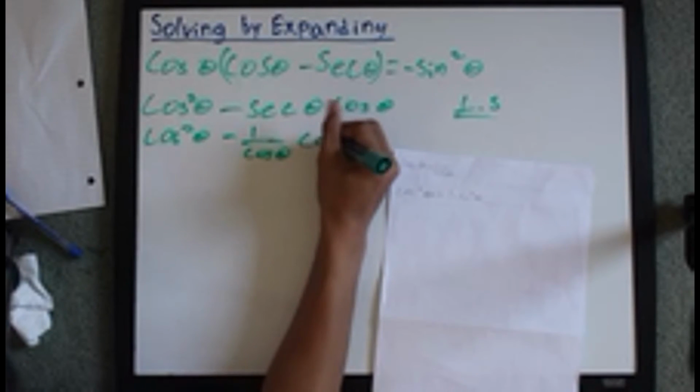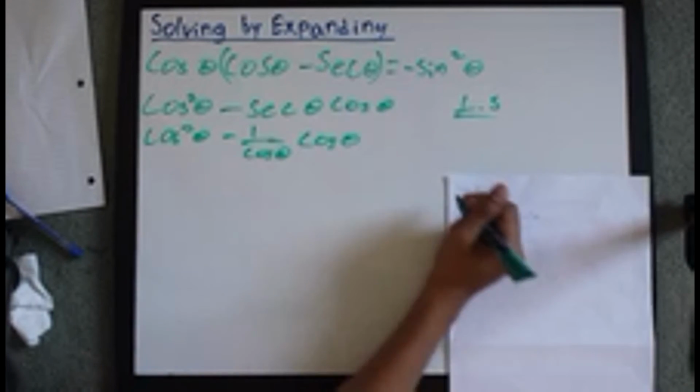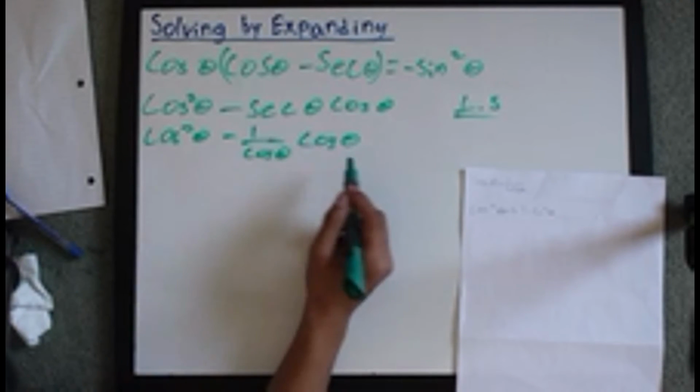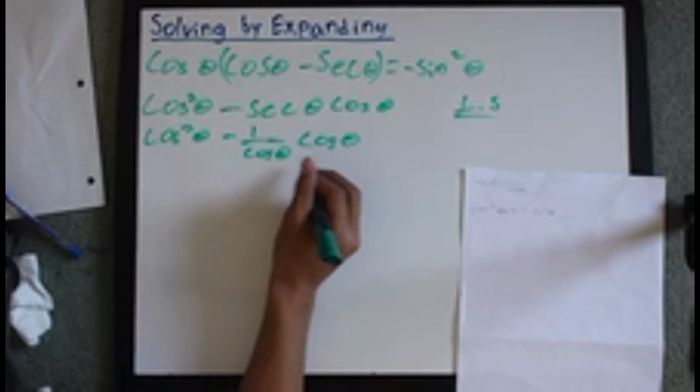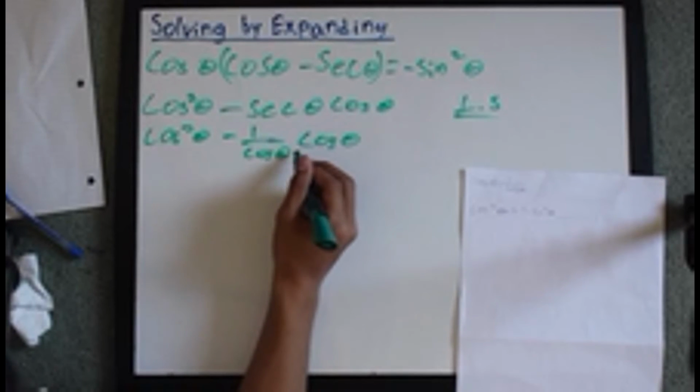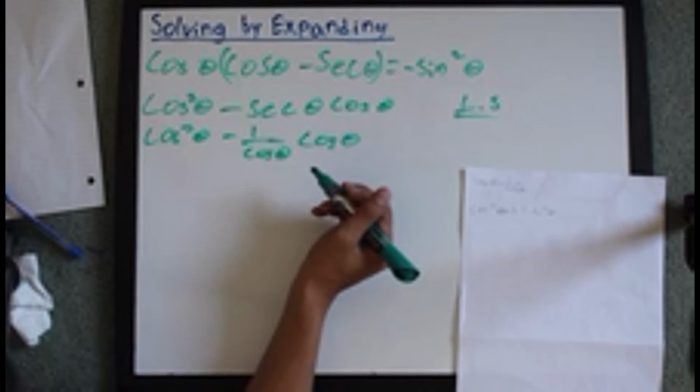That times cos theta. So now you have 1 over cos theta times cos theta. So that would be equal to just 1, because cos theta over cos theta, anything over itself is 1.